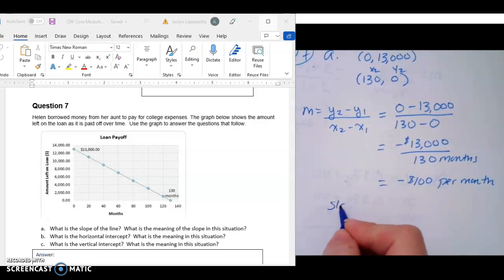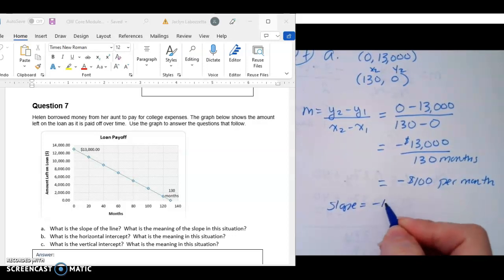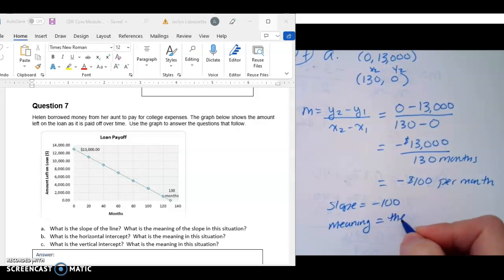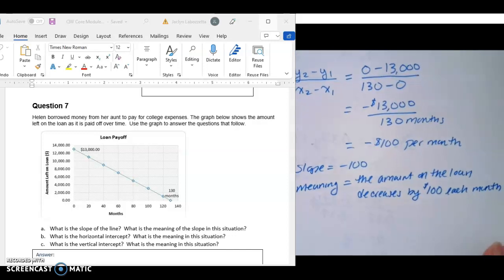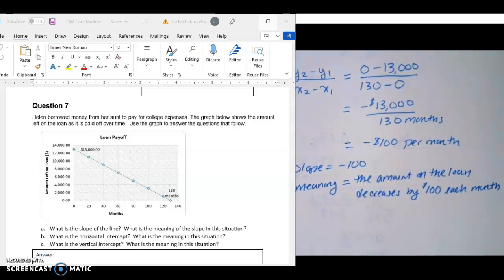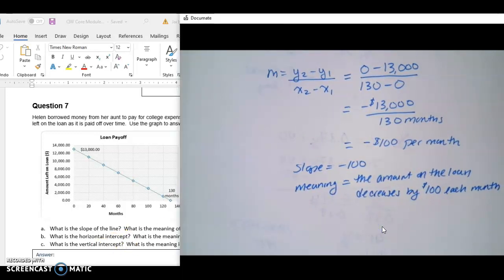The slope would be negative 100, but the meaning would be the amount on the loan decreases by $100 each month. So just write it in a complete sentence. Use the units as you need them. All right, now that's just for part A.